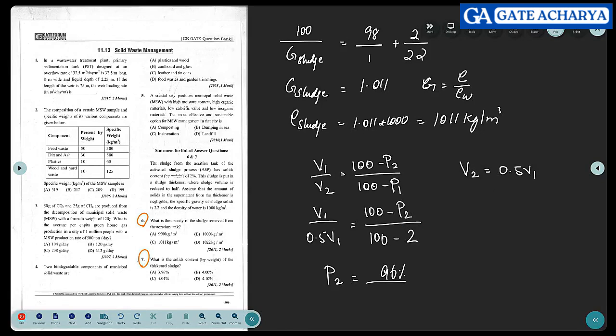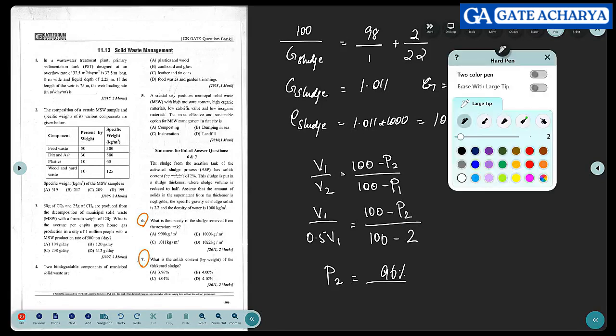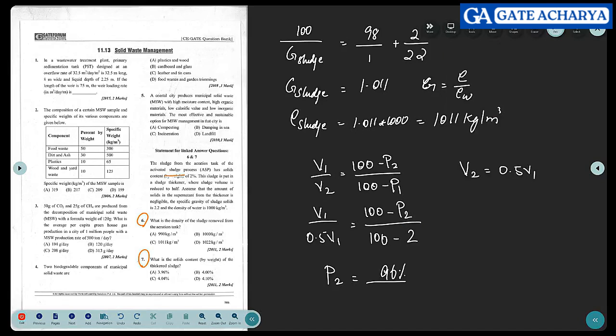If this word is not given, then the given operation is right. If this word is not given, then this process is right, and it will be option B. But they have given it as by weight, it is not by volume. See this 2%, here they have given it as by weight, it is not by volume.